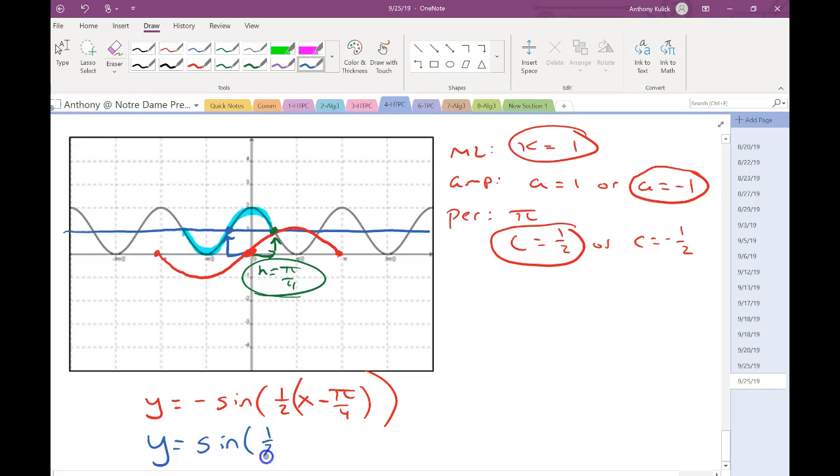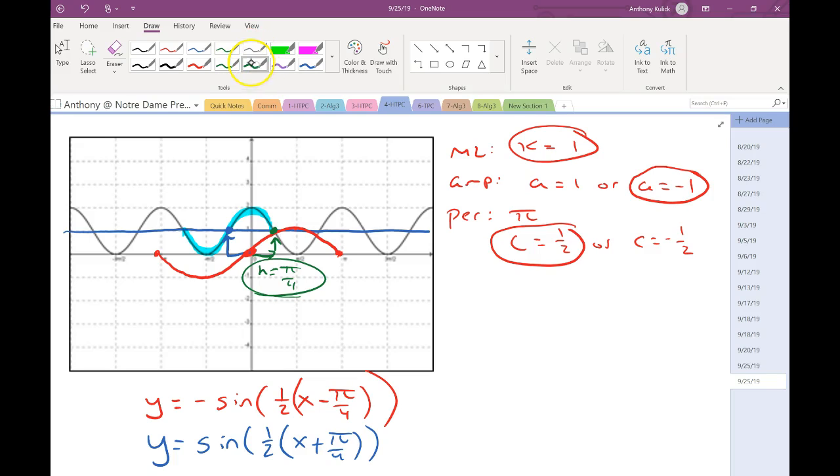No, right? Because I start with a trough and then end with a crest on each of those. And since I'm going left pi over 4, my h would be negative pi over 4. So I'd have this answer. That's also acceptable. Nothing wrong with that answer.